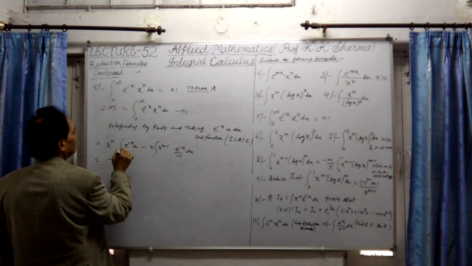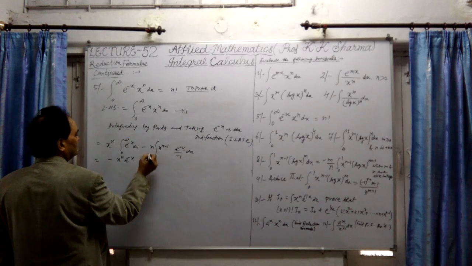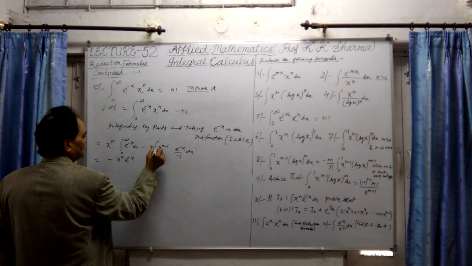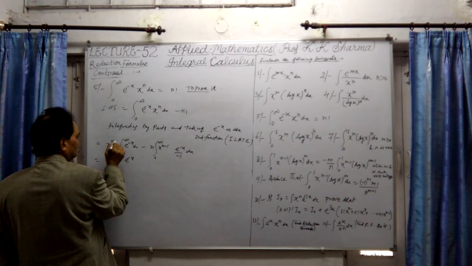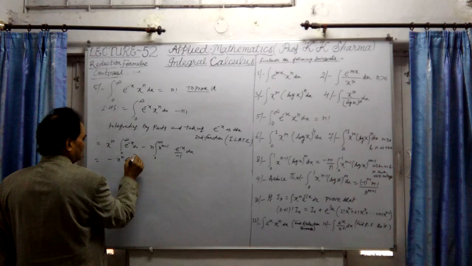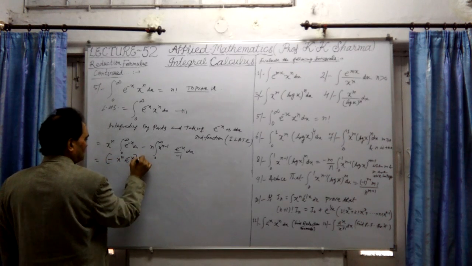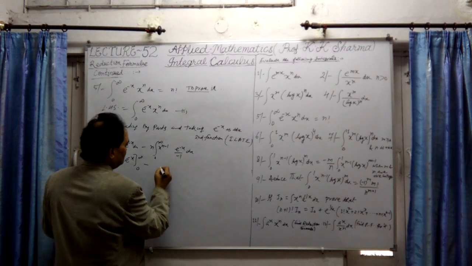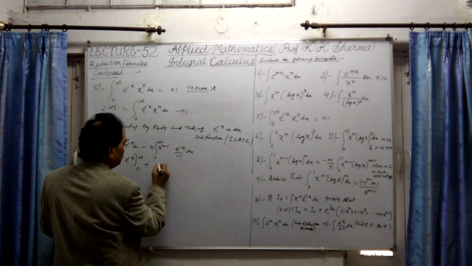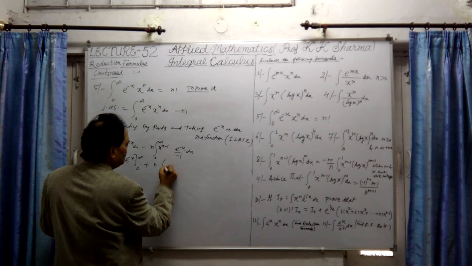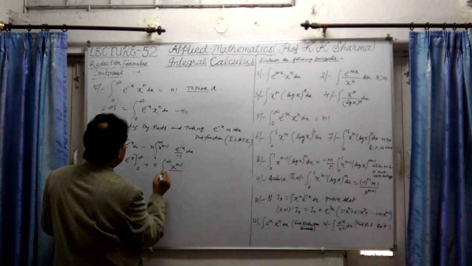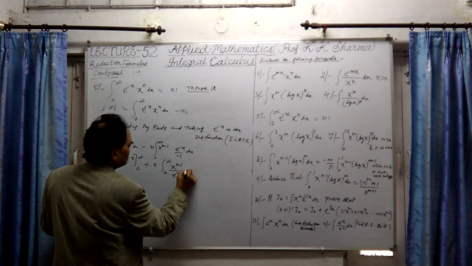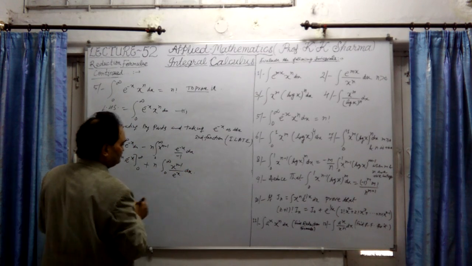Now the limits are to be applied, 0 to infinity. At both of these we have to apply the limits. Here let me write 0 to infinity, minus sign, minus 1, plus n into the integral from 0 to infinity of x raised to the power n minus 1 dx, positive value.